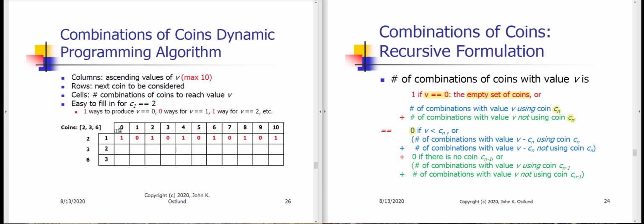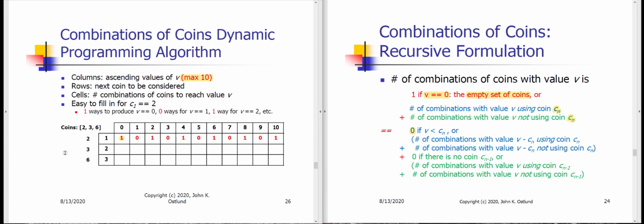Okay, so here are our possible values, 0 through 10. 10 is the maximum that we're going to be considering in this illustration. And the rows are the next coin to consider. So if we just consider the first coin, that's a coin with a value of 2. Now, there is one combination of just that coin that produces a value of 0, and that's the so-called null set.